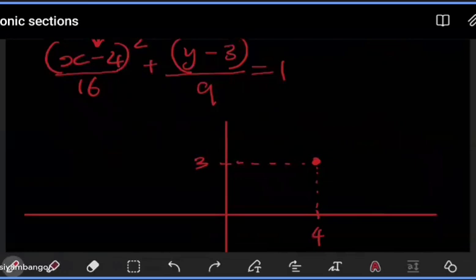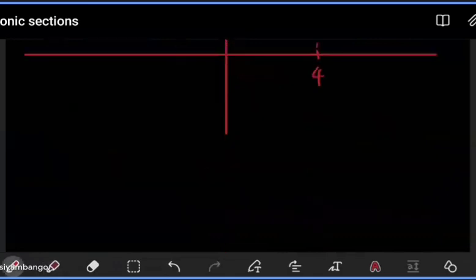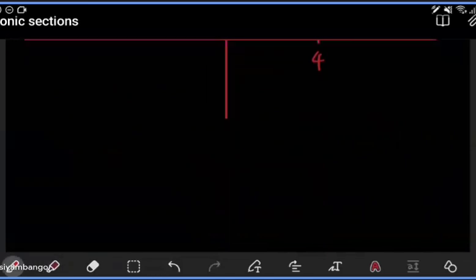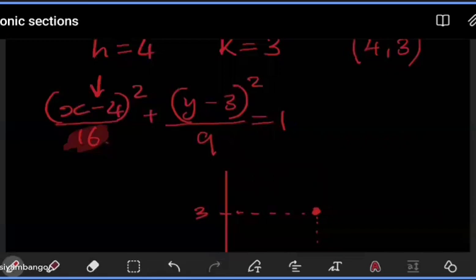So, like I said, the bigger one becomes our a squared, and the smaller one becomes our b squared. This statement will only be valid for an ellipse; for a hyperbola, it's something else. So we see that a squared is 16, according to this, and b squared is 9.